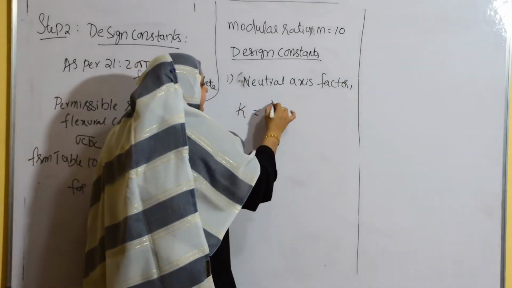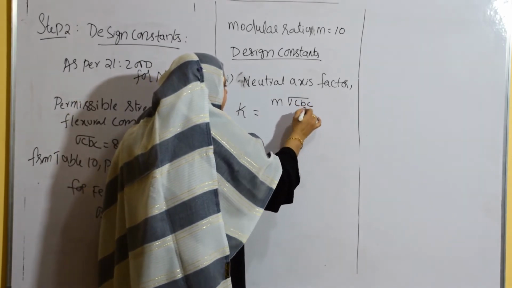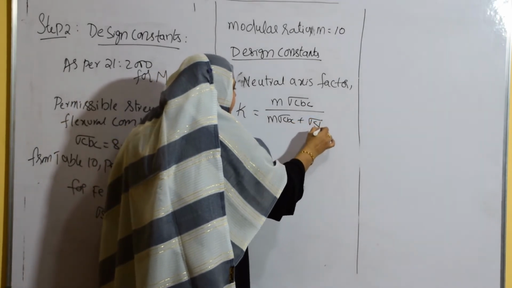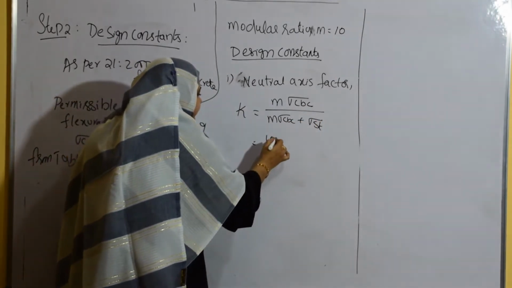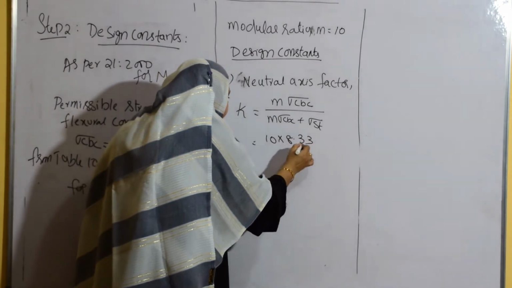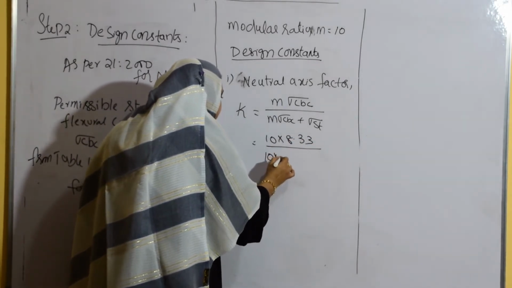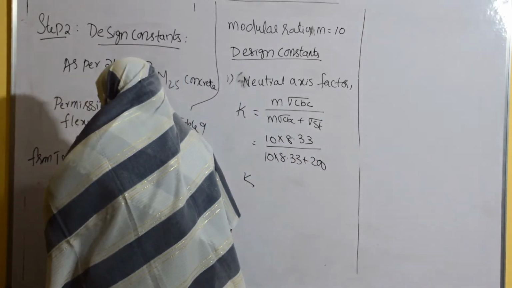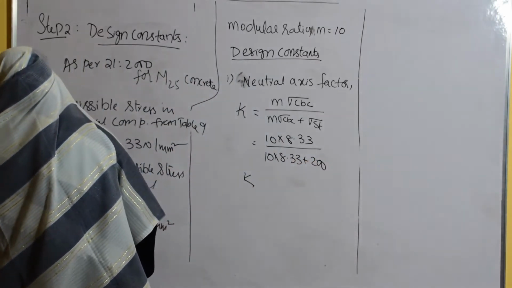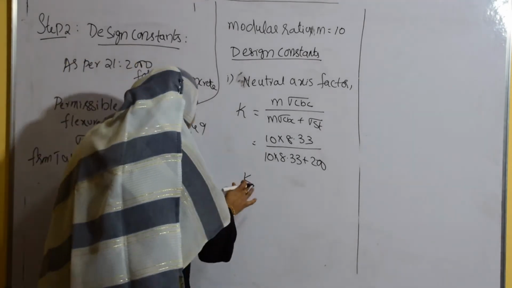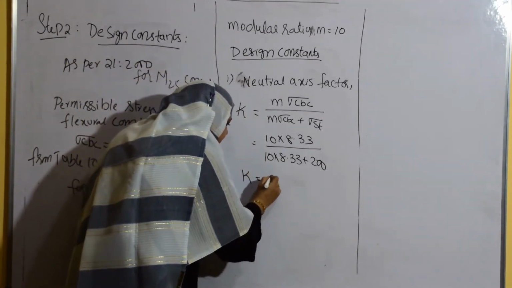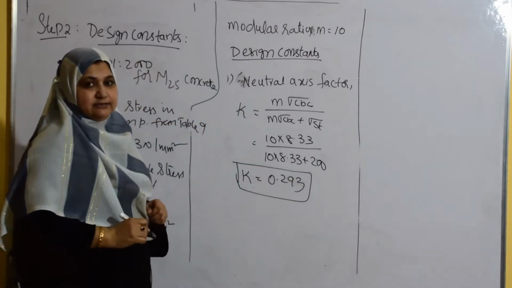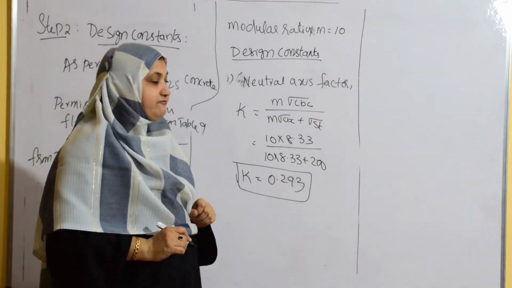From the formula K equals m sigma CBC by m sigma CBC plus sigma ST. So you have the values 10 into 8.33 divided by 10 into 8.33 plus 200. What you get will be the K value. So it is equal to 0.293. This K is called the neutral axis factor. So the first design constant you have obtained.